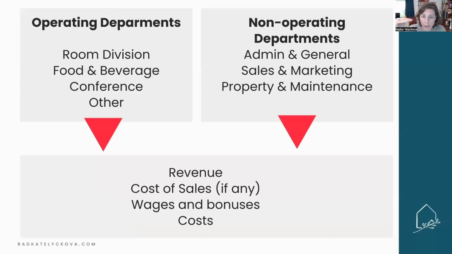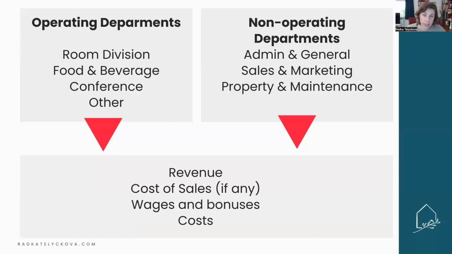Then we have wages and salaries, the bonuses, and then we have the costs in that department. So as you see, every single department has its own revenue, its own cost of sales, its own bonuses, wages, and salaries, and its own costs.